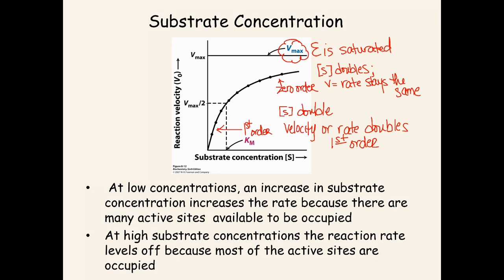Half of Vmax, I'm going to read it going across, and if I go down, we're going to note the concentration of substrate. And so the Km is the concentration of substrate that is needed to reach half of Vmax.